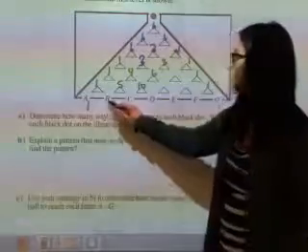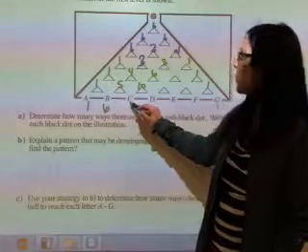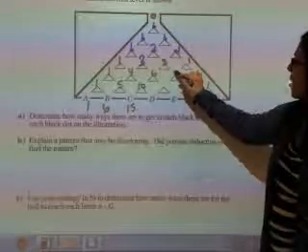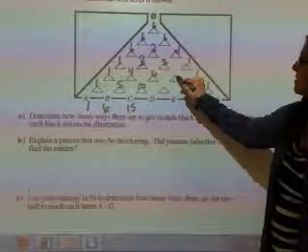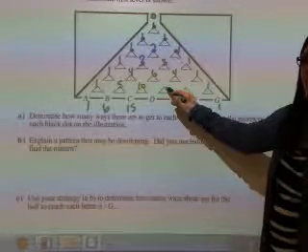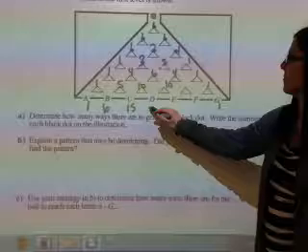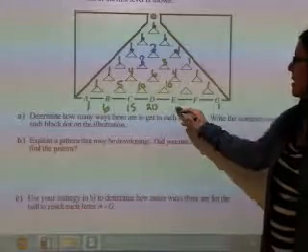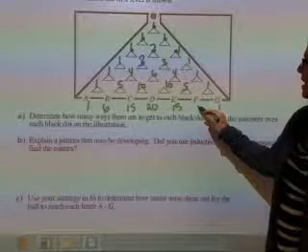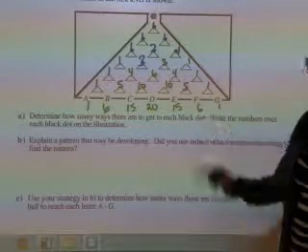How many ways to get to B? 6. And how many ways to get to C? So then I've got this point would be 4, this would be 10, and D would be 20. What would E be? Because this would be 5, and F would be 6. Good.